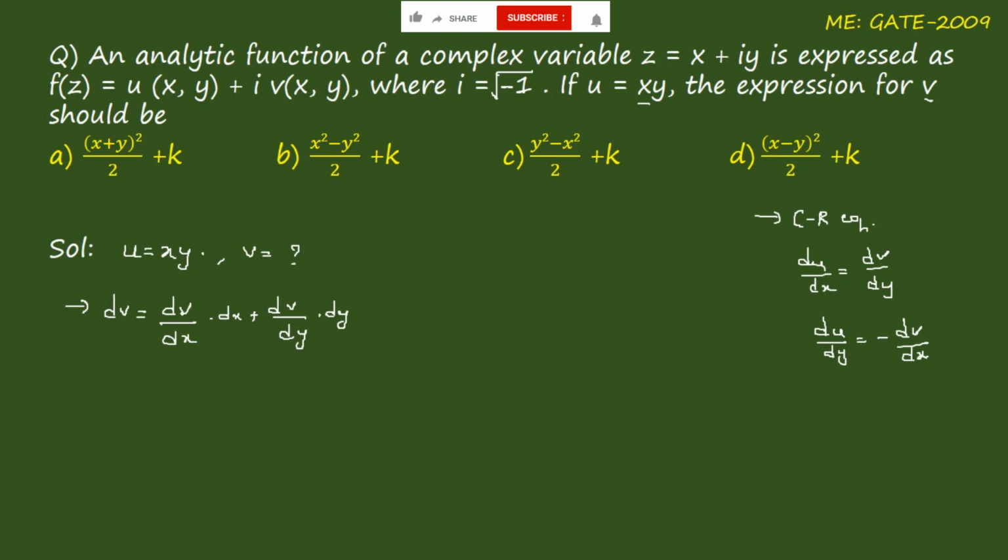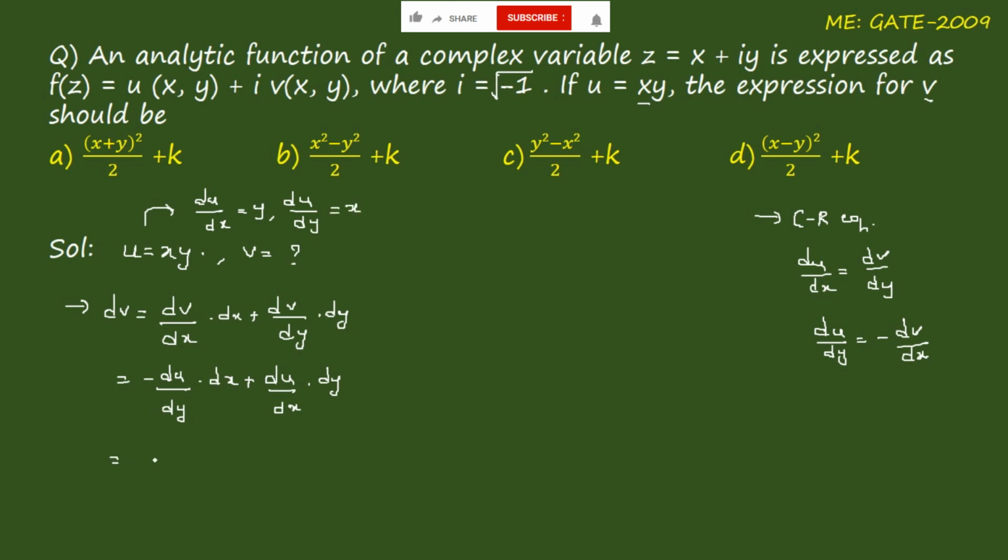So here we don't know the value of v, we know the value of u. So we substitute here: dv by dx is equal to minus du by dy, into dx, plus dv by dy is du by dx, into dy. Now we'll be differentiating this particular thing, okay? Now du by dx becomes y, and du by dy is equal to x.